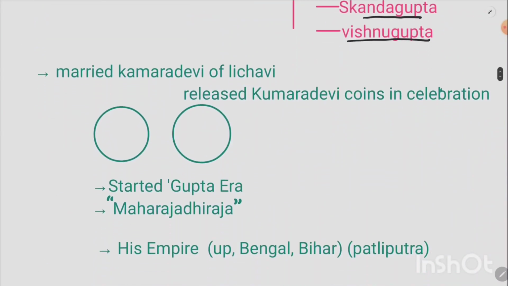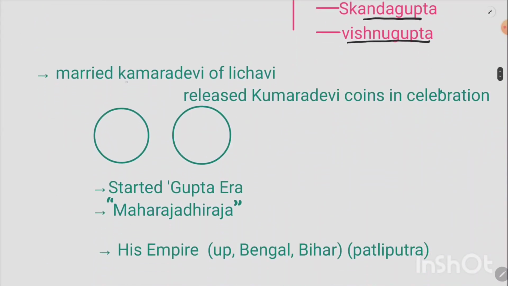I will tell you an important episode here. Chandragupta first married a woman named Kumara Devi. Who was this Kumara Devi? Kumara Devi was a Lichchhavi princess. The Lichchhavis were people who belonged to Nepal. At that time, Lichchhavi was a kind of empire in Nepal.